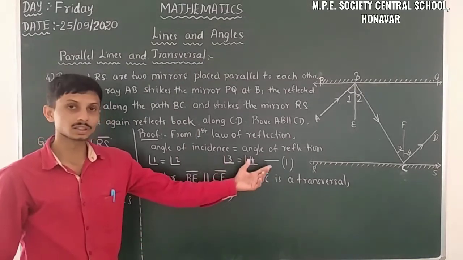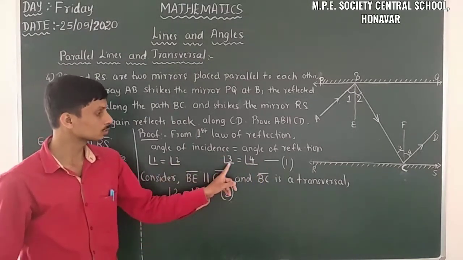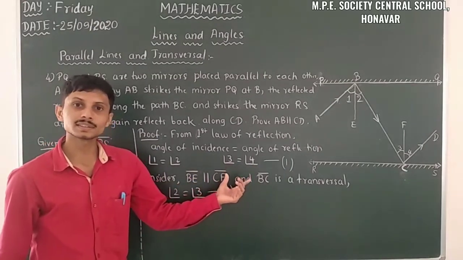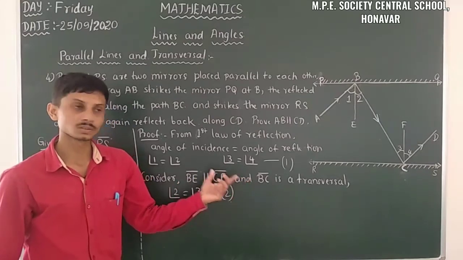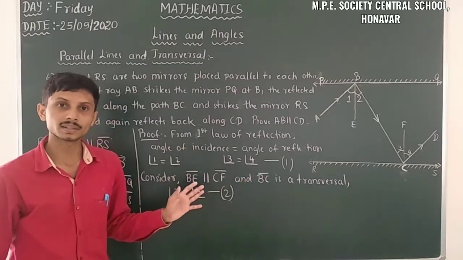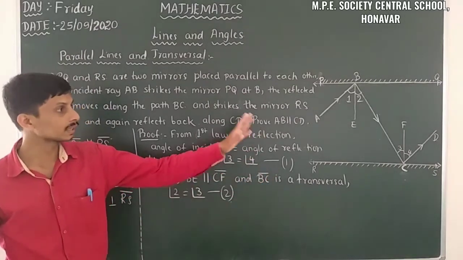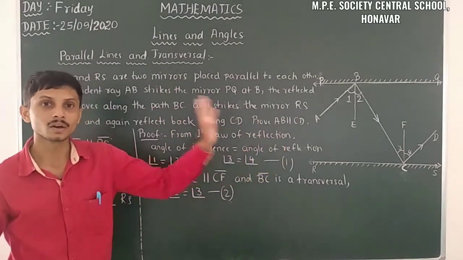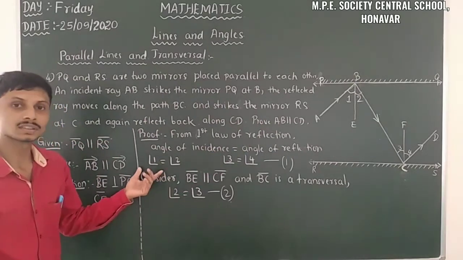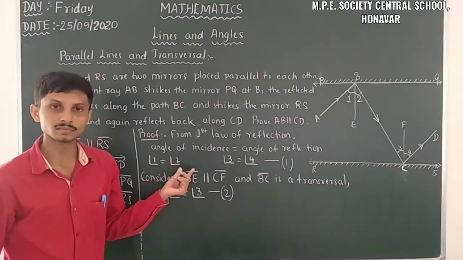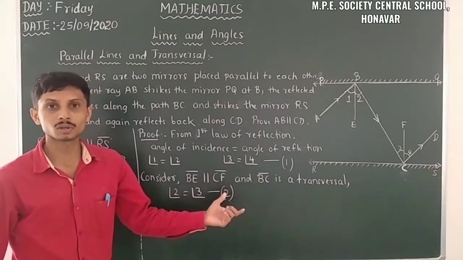So we have equation number 1, where angle 1 is equal to angle 2 and angle 3 is equal to angle 4. Here, angle 2 and angle 3 are one and the same. So all the angles are equal, because things which are equal to the same thing are equal to one another.